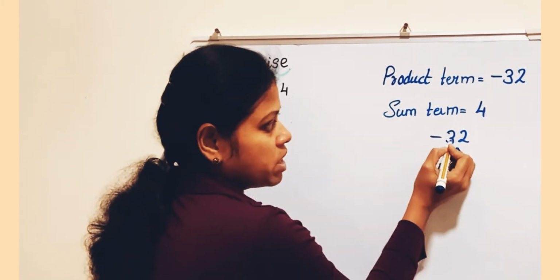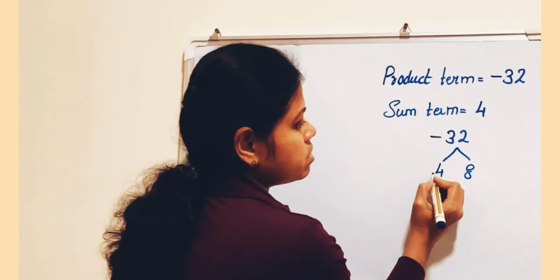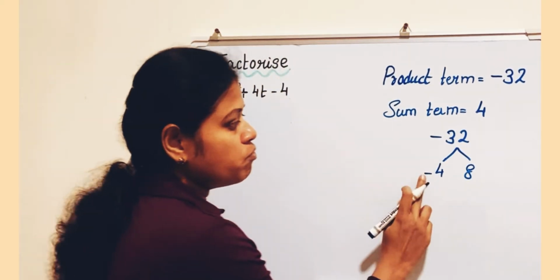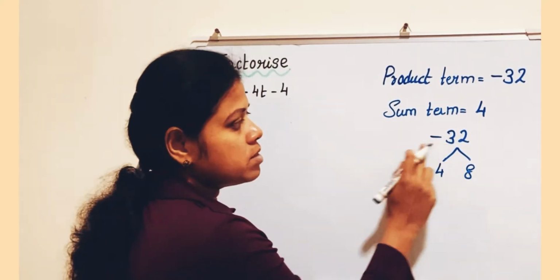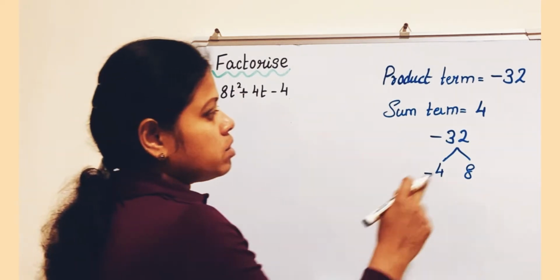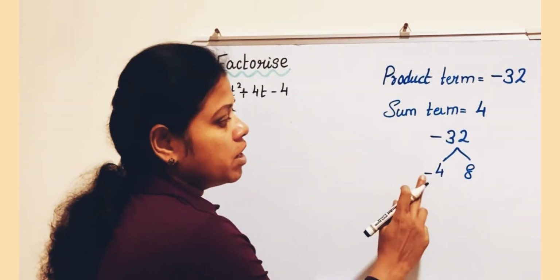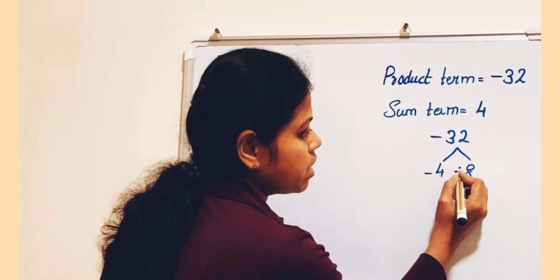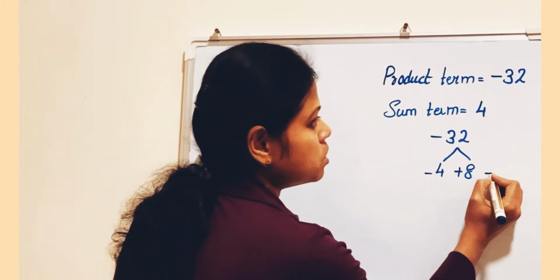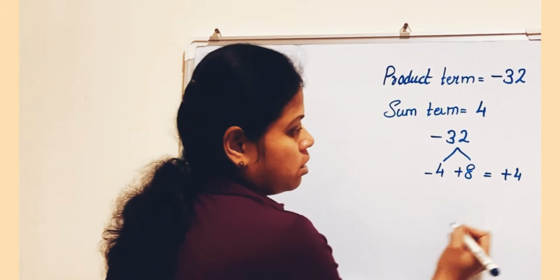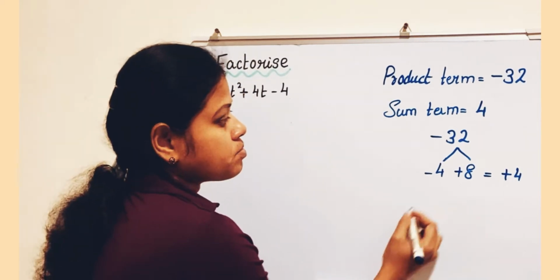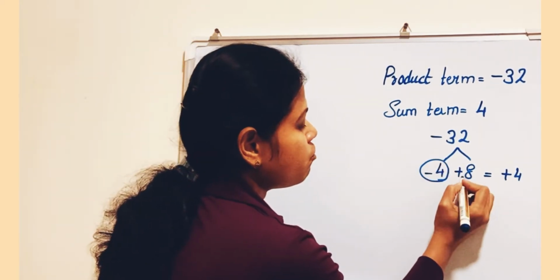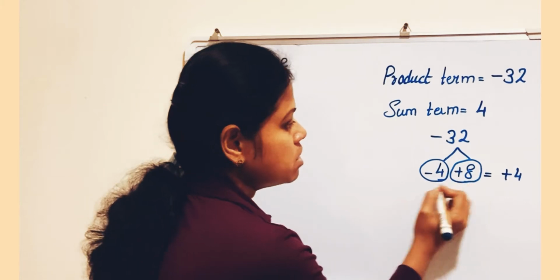And you have to get minus 32. So let's put the minus sign here. If you put minus 4 multiplied by 8, it's minus 32. And the sum should be plus 4, right? If you add minus 4 plus 8, it is equal to plus 4. So the factors of minus 32 are minus 4 and plus 8.